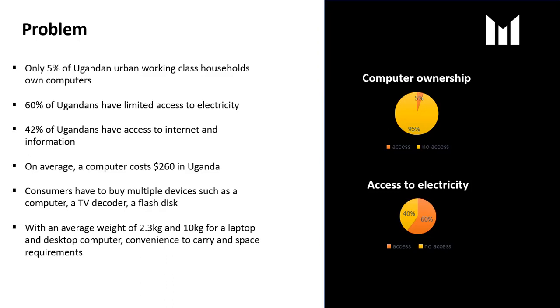On average, a computer costs $260 in Uganda. Consumers have to buy multiple devices like computer, TV, decoder. To them, it is a problem. They say the average weight of a machine is 2.3 to 10 kilograms. Okay, so for them, that is a problem that they wanted to solve with their solution. Are we together?